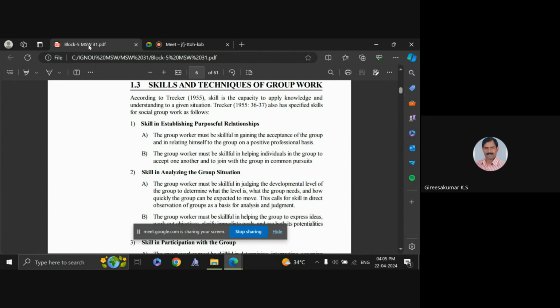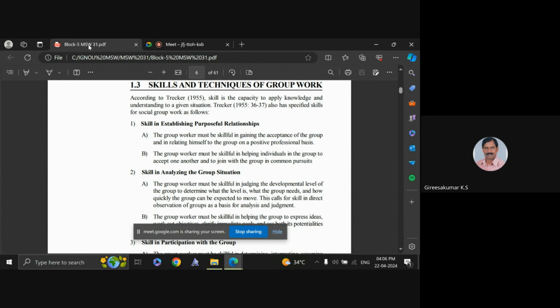Skill in establishing purposeful relationships means deliberately, intentionally, and purposefully, a social worker has to maintain a relationship. Otherwise, they won't get the aim fulfilled. The group worker must be skillful in helping individuals in the group to accept one another and to join with the group in common pursuits.